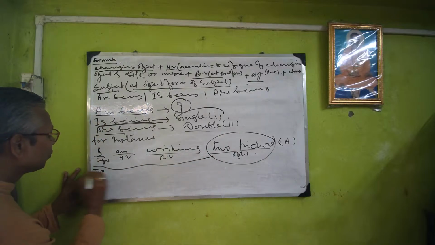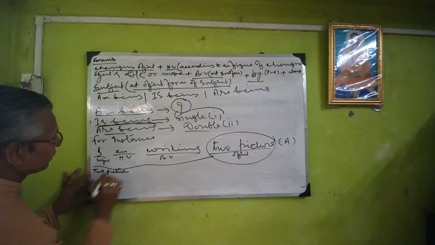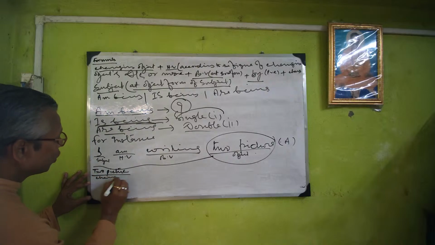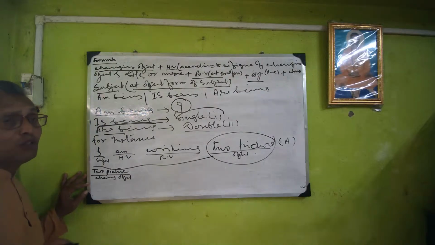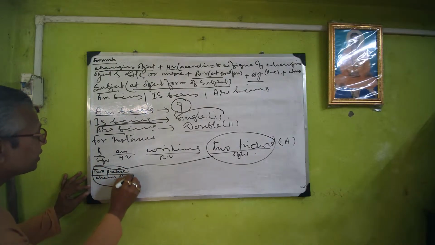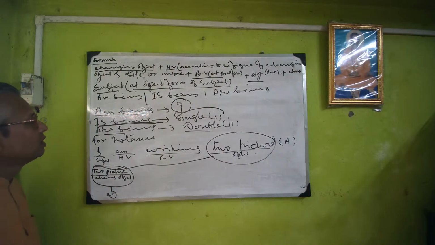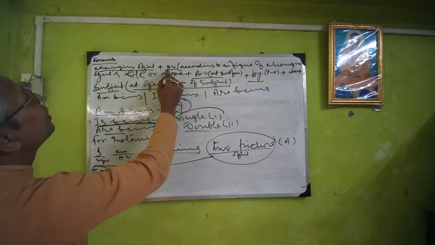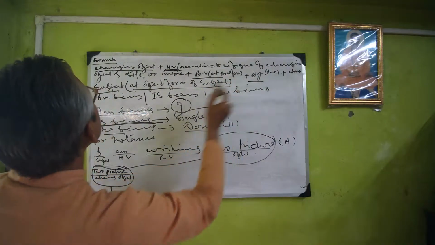Two pictures, changing object, is double. The formula requires HV according to the figure of the changing object.